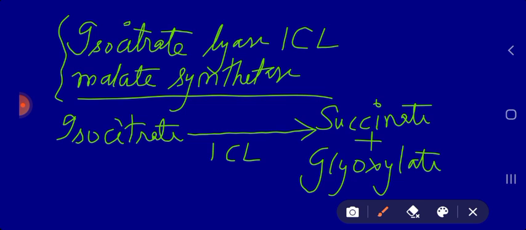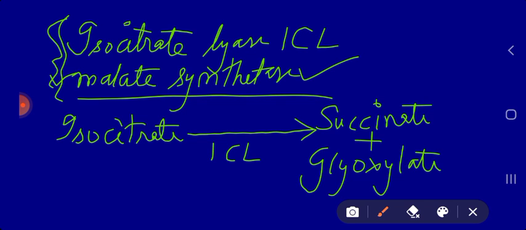Now this process occurs in the glyoxylate cycle, and together this isocitrate lyase with malate synthase bypass two decarboxylation steps of the tricarboxylic acid cycle that normally occurs in plants. So they are overcoming the steps of the TCA cycle.